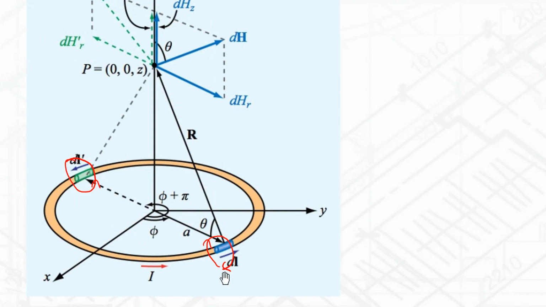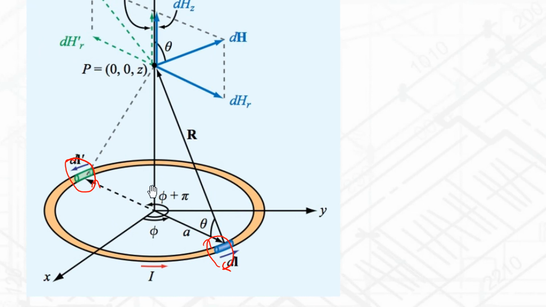Inside of the loop, the magnetic field vector is pointing upwards on this side, and also upwards on this side. So interestingly, the magnetic field contributions add up as you go around the loop.